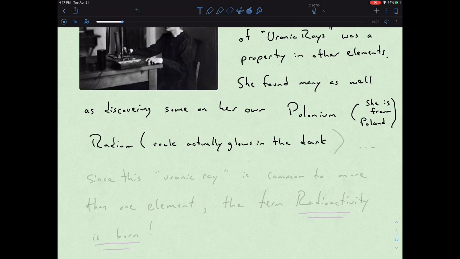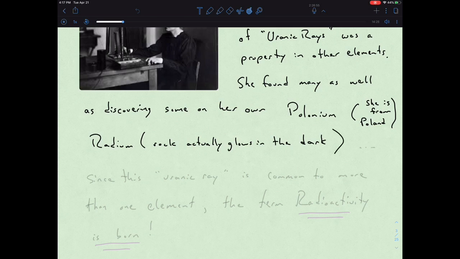As well as curium and some other things that she didn't necessarily discover, but she gets a lot of tribute, kudos, if you will, for her expansive look into this notion of radioactivity.